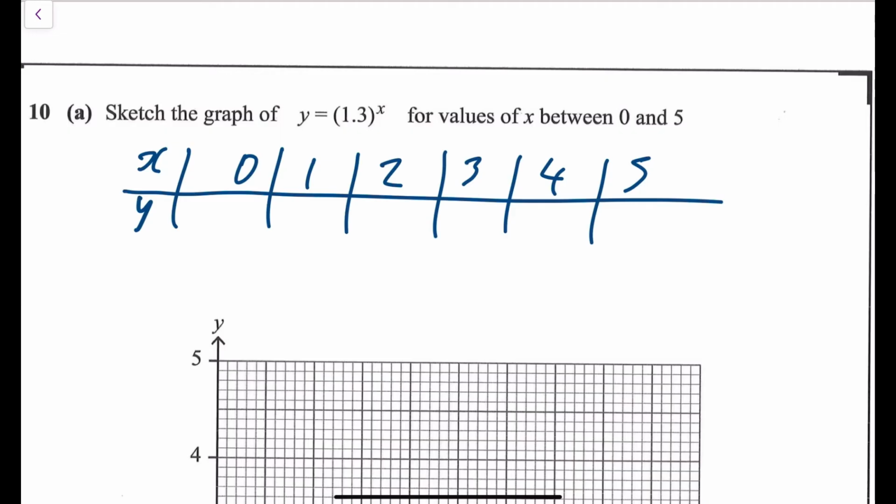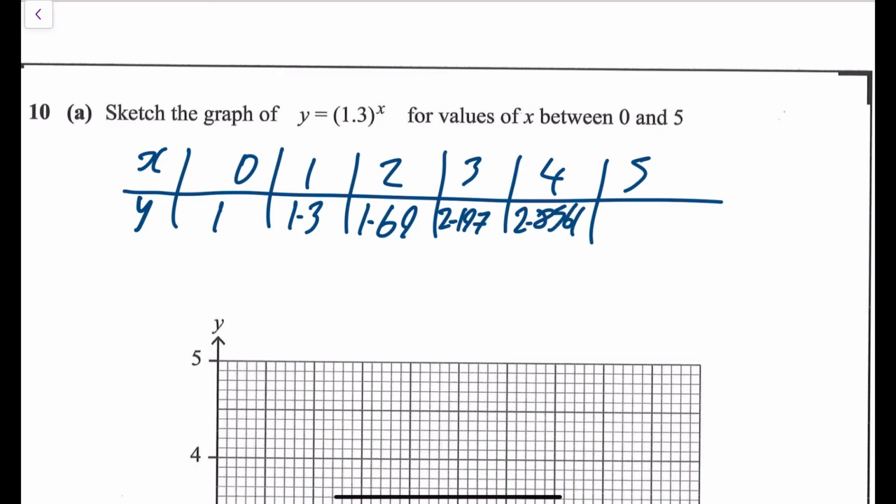And 1.3 to the power of 0 is just 1. 1.3 to the power of 1 is 1.3. 1.3 to the power of 2 is 1.69. 1.3 to the power of 3 is 2.197. 1.3 to the power of 4 is, let me just check that one, is 2.8561.